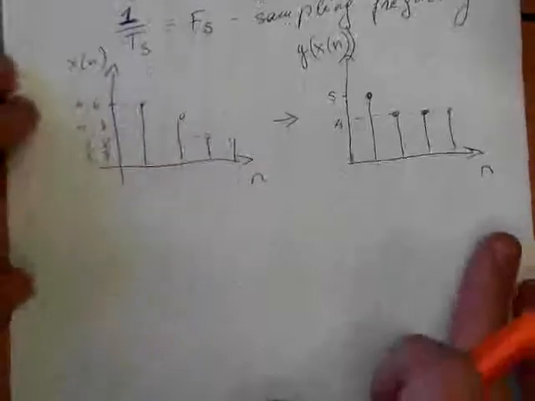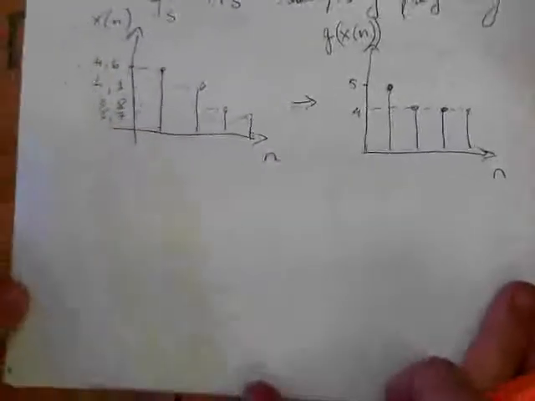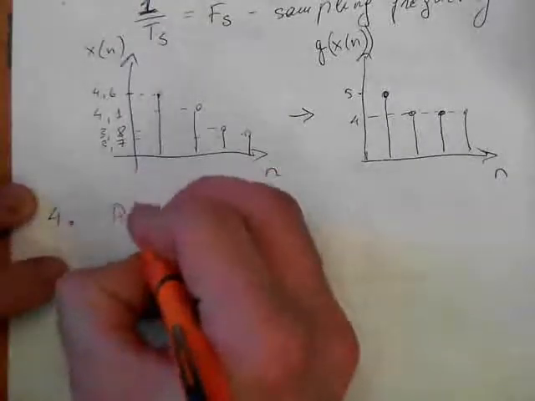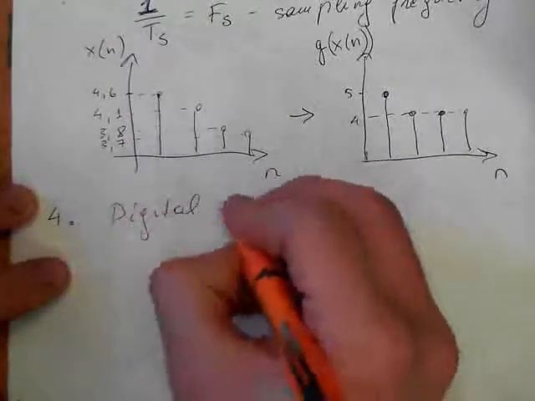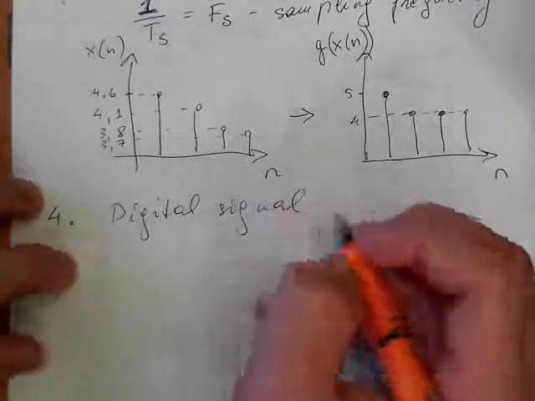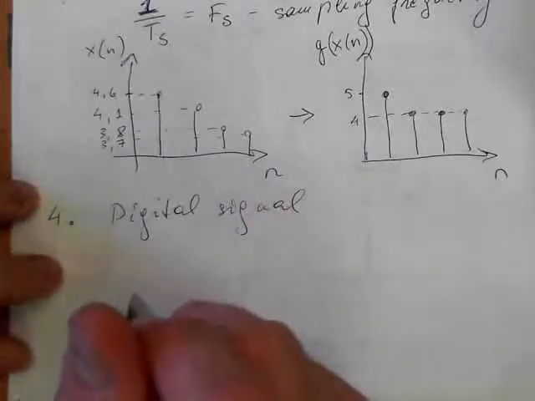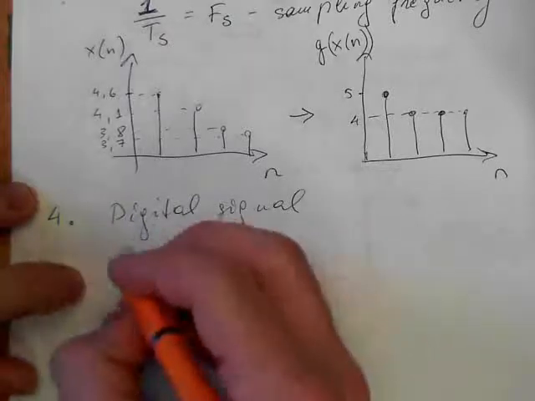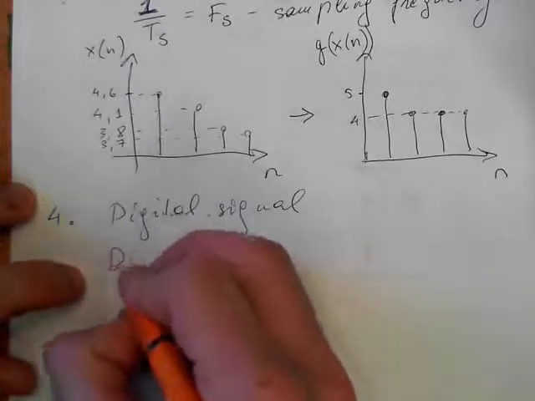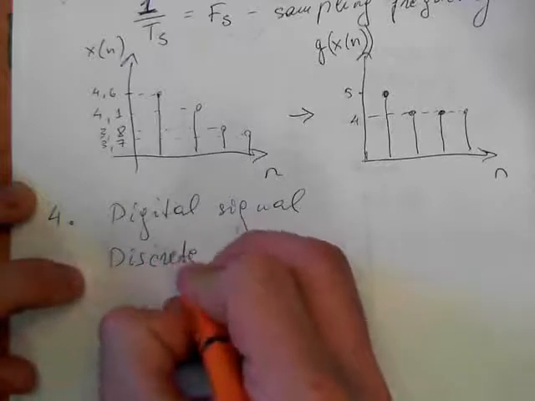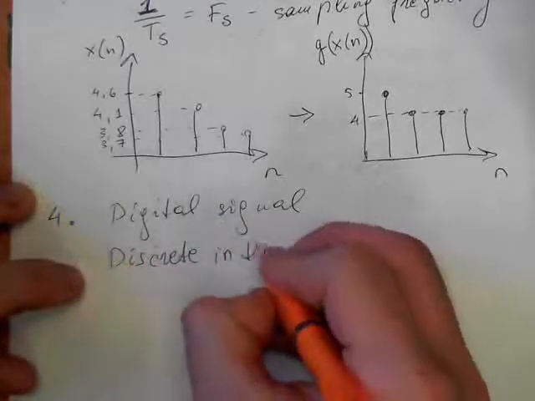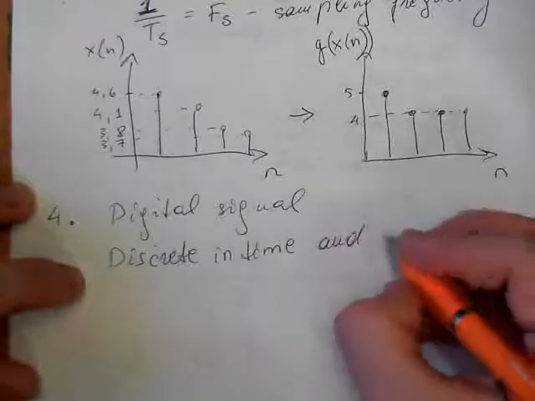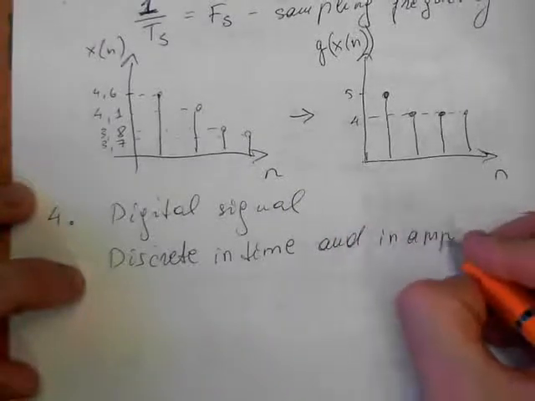Now, fourth question: what signal can be called digital? Digital signal is both discrete in time and in amplitude.